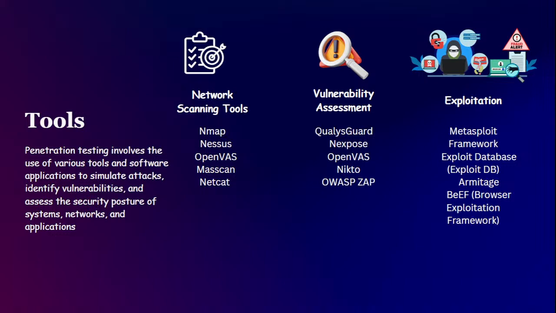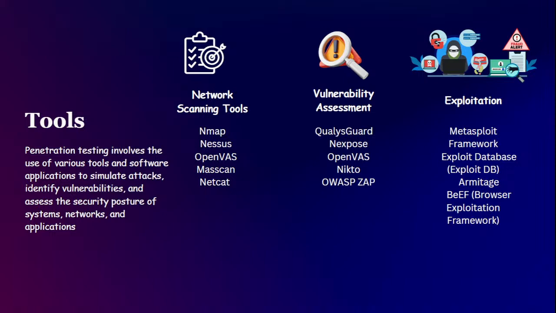Now we have vulnerability assessment: QualysGuard, OpenVAS and Nikto. OpenVAS is a graphical interface, whereas Nikto helps you find vulnerabilities present on the web.